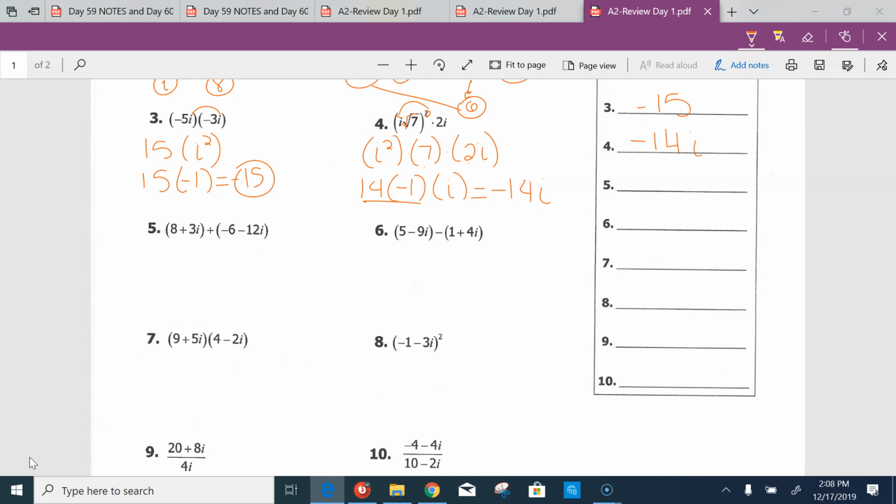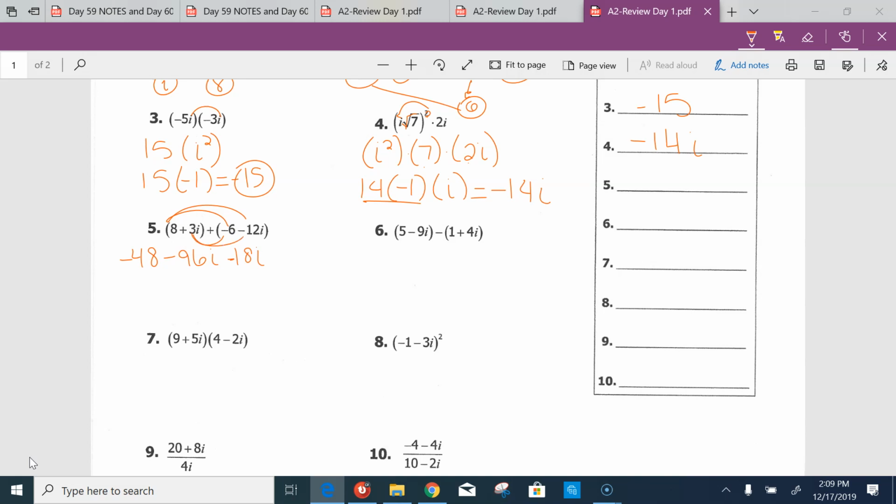Number 5, this is going to be a FOIL problem. 8 times negative 6 is going to give me negative 48. 8 times negative 12i is going to give me negative 96i. 3i times negative 6 is negative 18i.